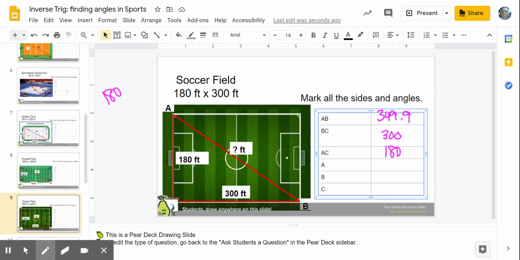Sure. Yeah, totally. And then what angle do I know? And do we want to look for A or B?